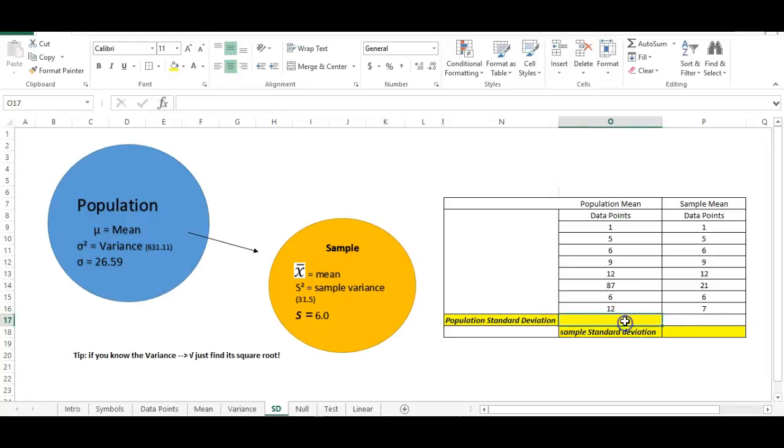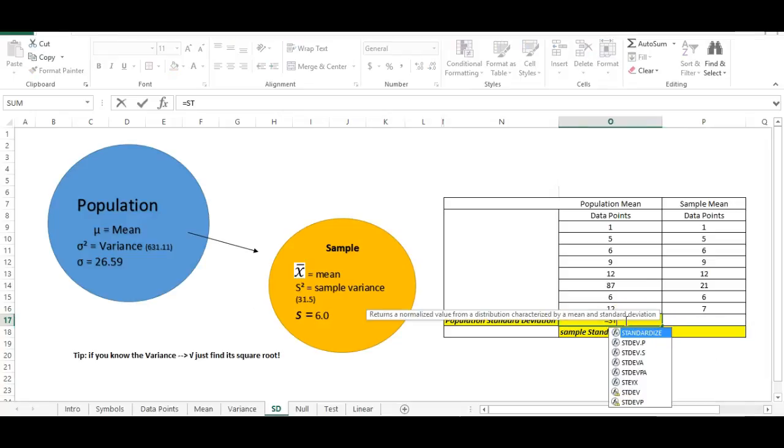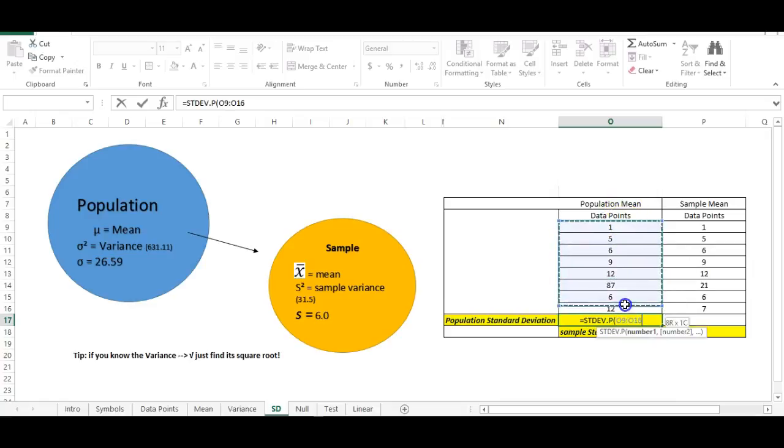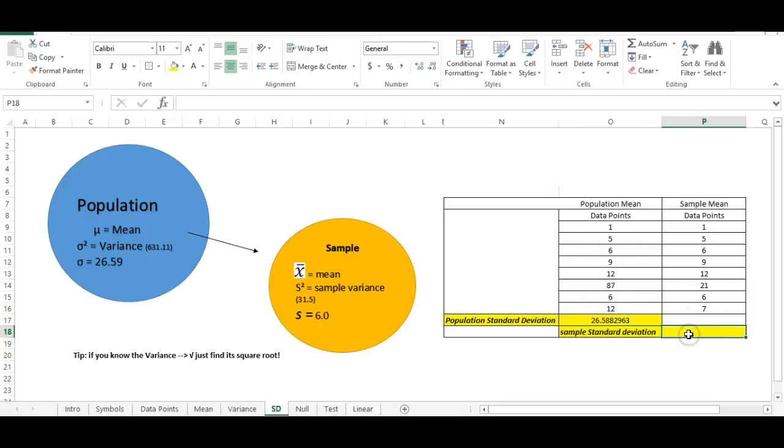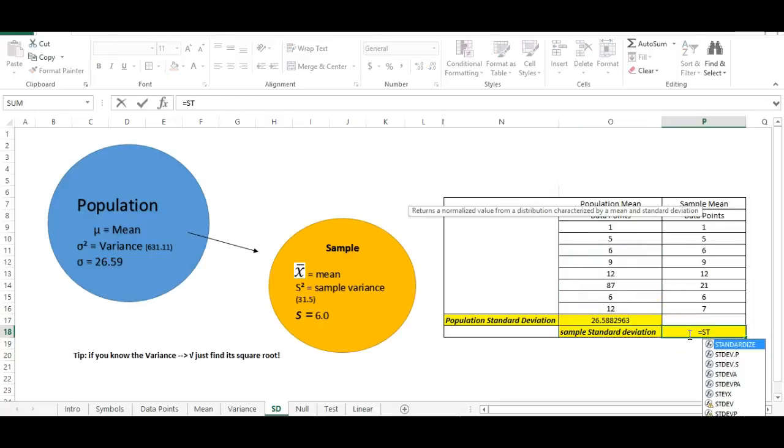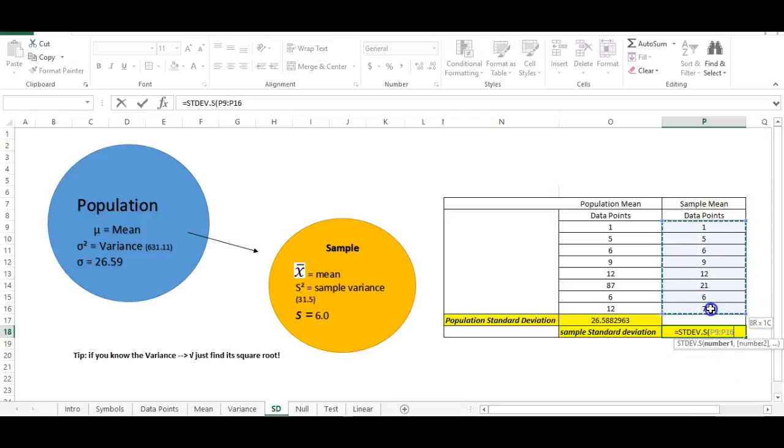You simply do equals ST, you can stop there, and you'll see STDEV.P, P for population, double click, select your data, click enter, there it is. Do the same thing for your sample standard deviation, equals ST, and stop, STDEV.S for sample, double click, select your data, enter.